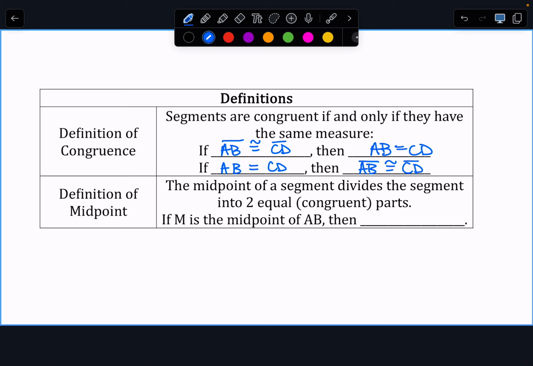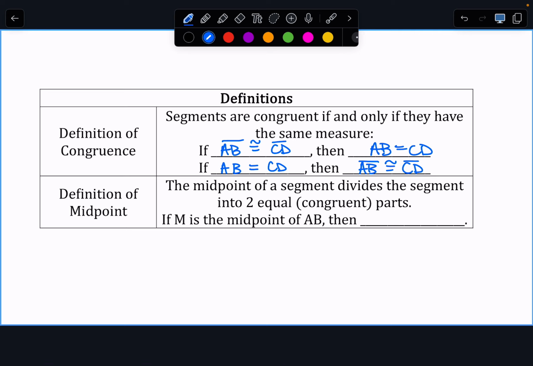But when we're talking about the hat, we're talking about the segment in general, and the congruent sign is what we use when it has the hat. The equal sign, when we're talking about its numeric measurement, we need the equal sign, no hat. Okay, so the hats go with the mustache. For you, Aaron.